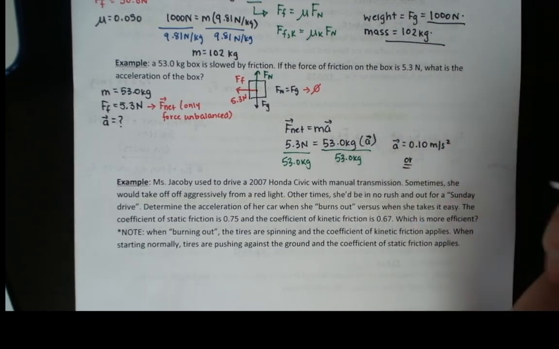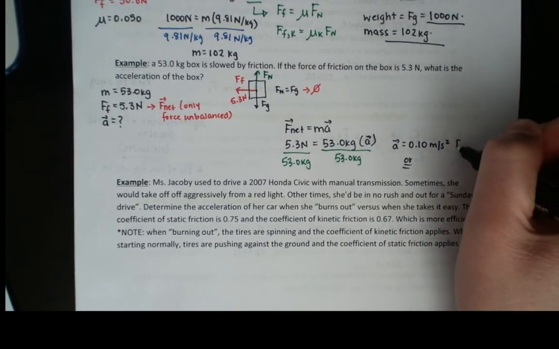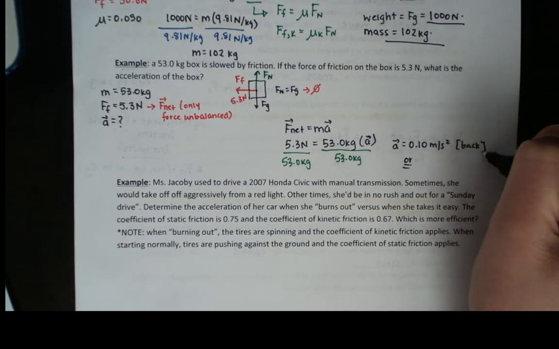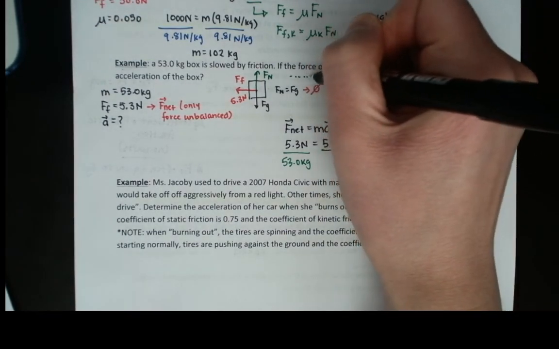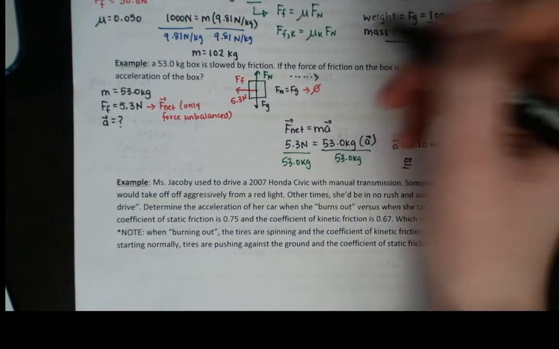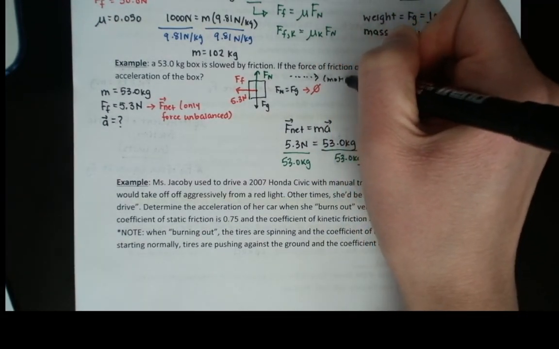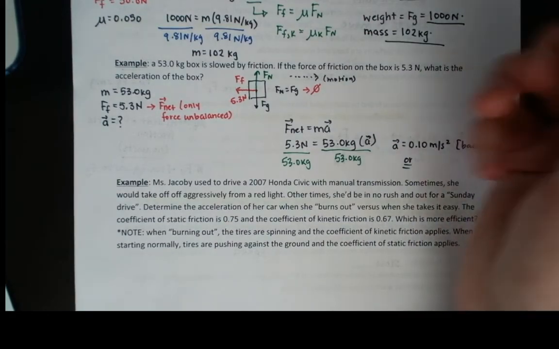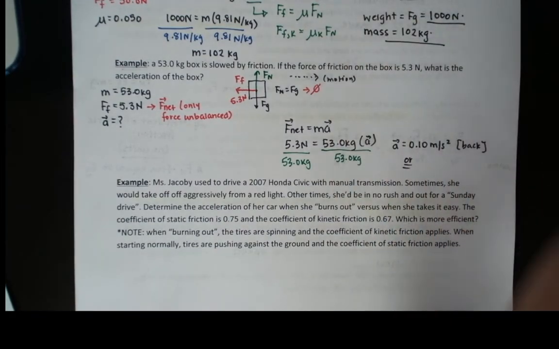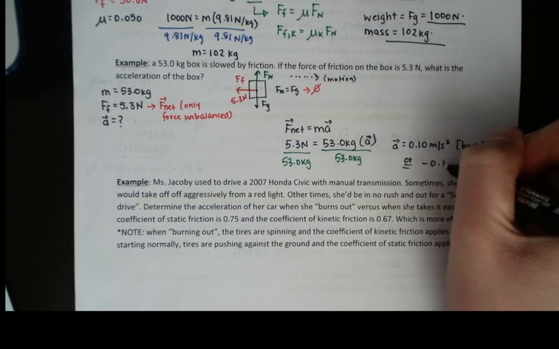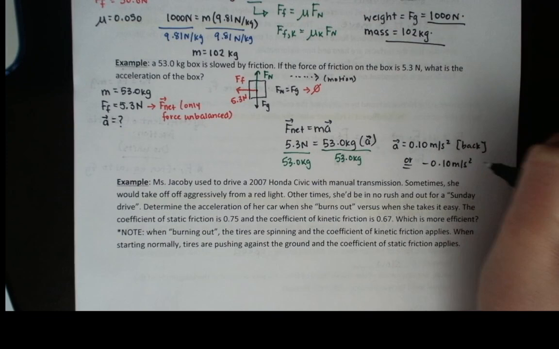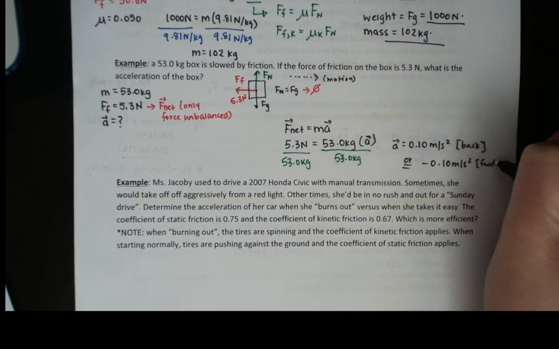Or, because it's slowing down, the object is slowing down. So if its motion is in that direction, friction acts against it. So if our motion is to the right, friction is to the left. And so really, because we're decelerating, it's a negative acceleration.